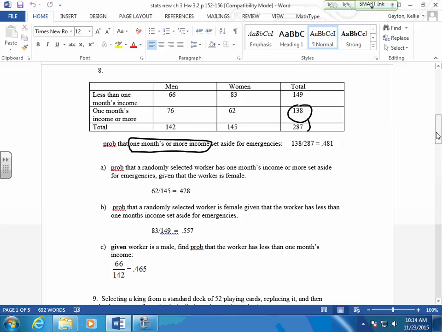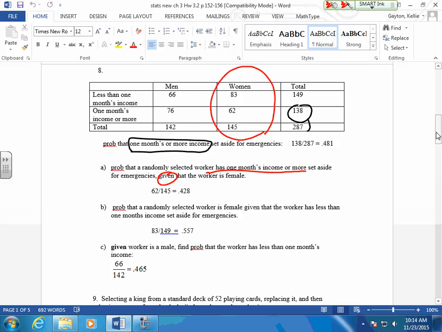Okay, so let's take a look at the rest of these. The probability that a randomly selected worker has 1 month's income or more set aside for emergencies, given that that worker is a female. So what row or column am I going to look at? Woman. I can't go out of this row, out of this column.